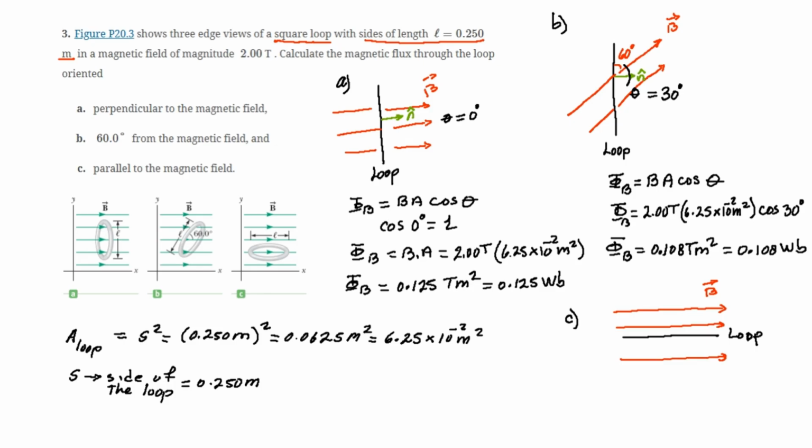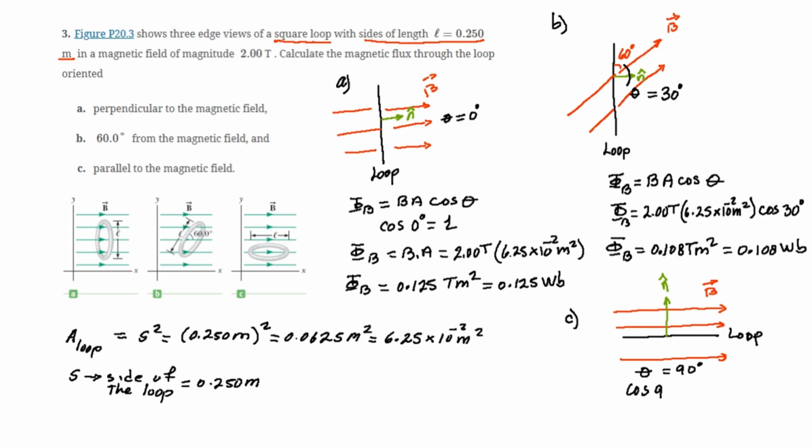And the angle theta, that is the angle between the normal to the loop and the magnetic field, is 90 degrees. The cosine of 90 degrees is 0.